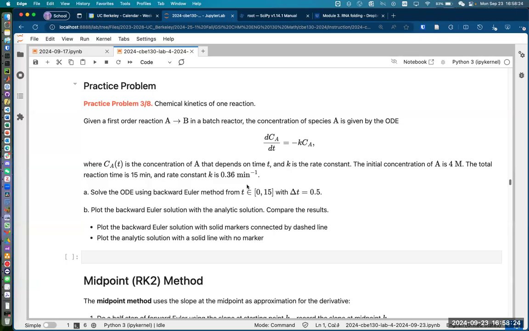Either way, it's yours. Okay, I just didn't explicitly write these three things out.